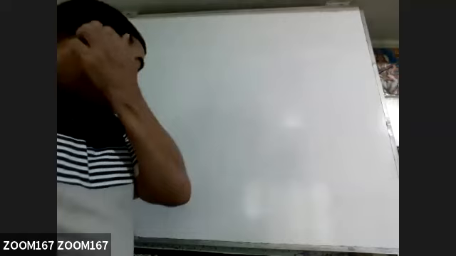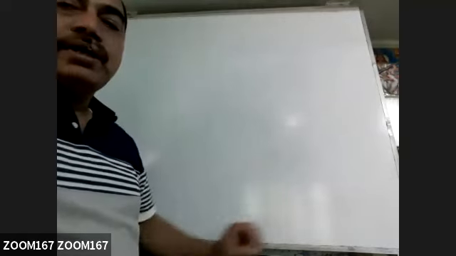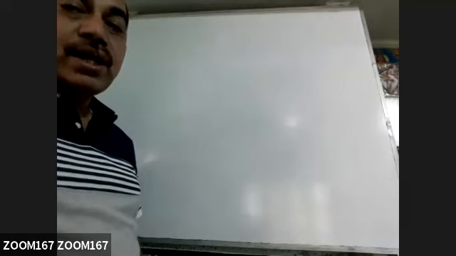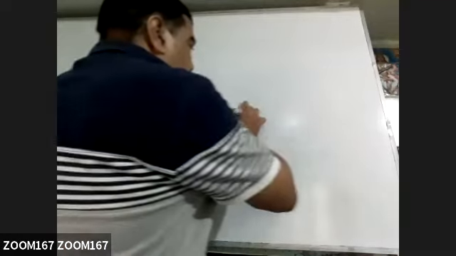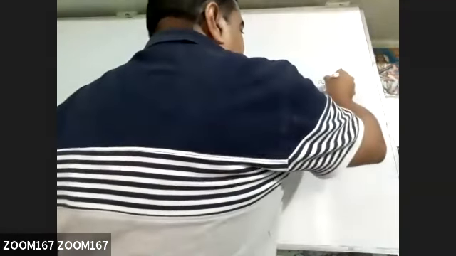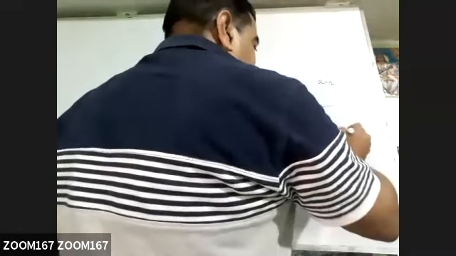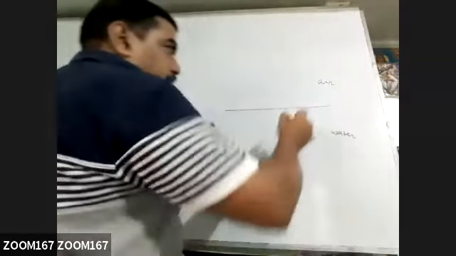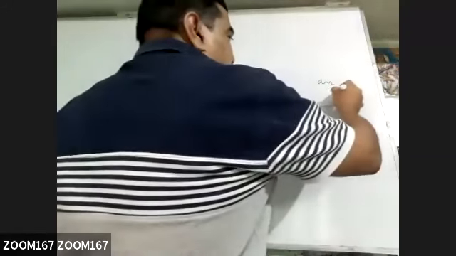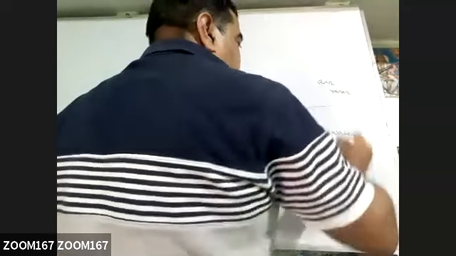Now, if the same bird is viewed by the fish, where will the bird appear? Suppose this is air and this is water, or any denser medium. This is the rarer medium, this is the denser medium.